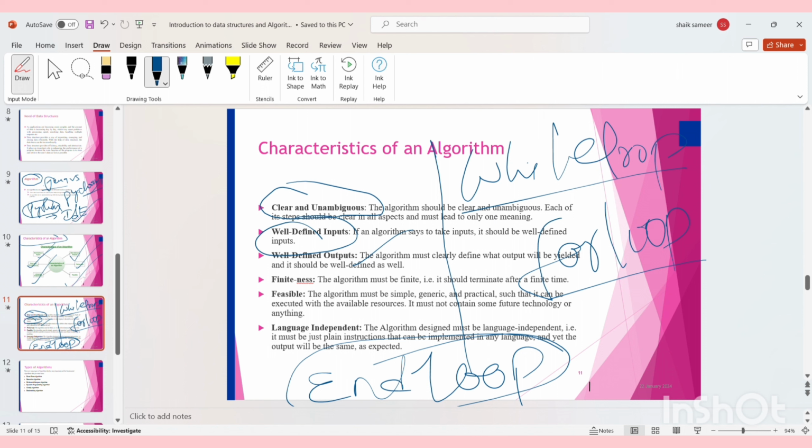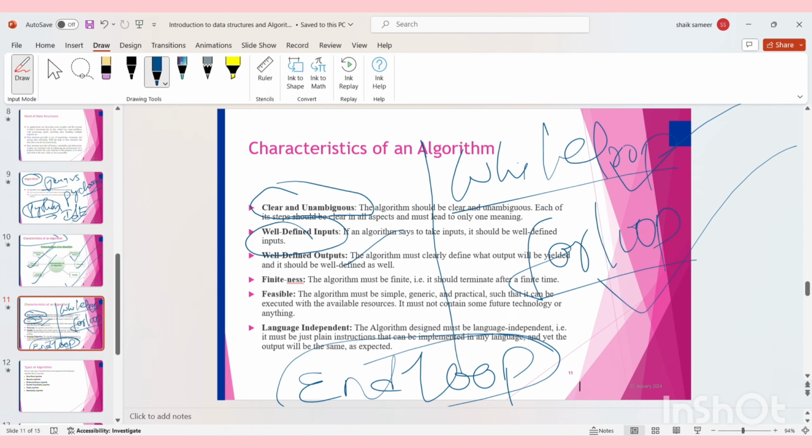After these loops have been terminated, you have to write end loop in the algorithm. The algorithm must be finite. It should not be infinite. It should terminate after a finite time, like a while loop or a for loop can terminate.